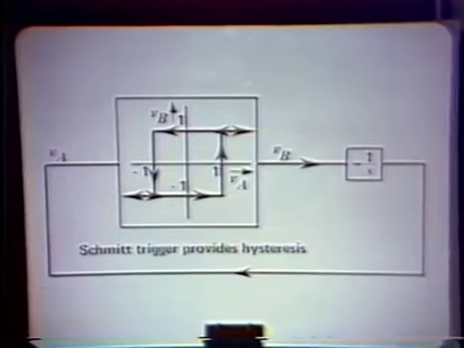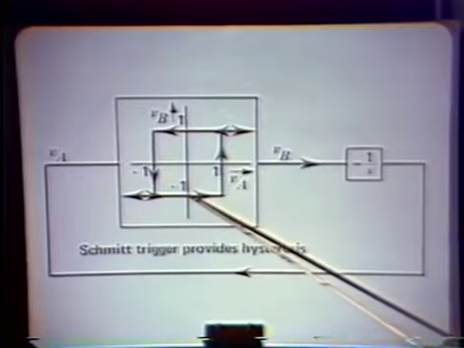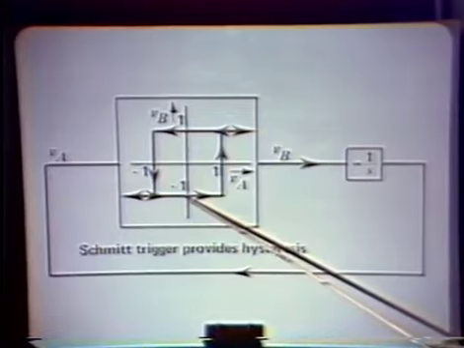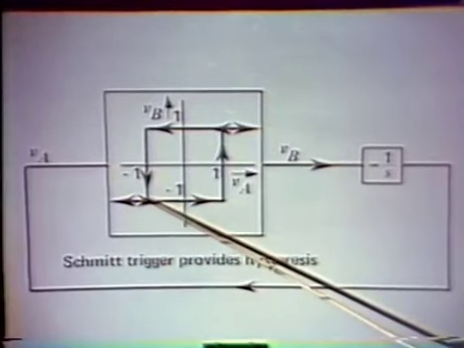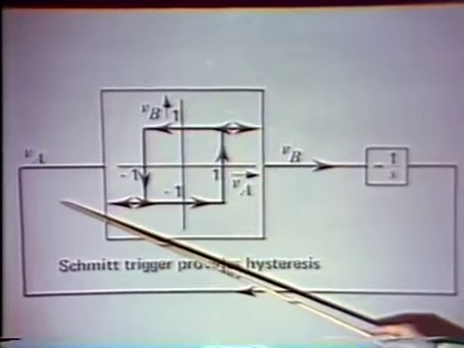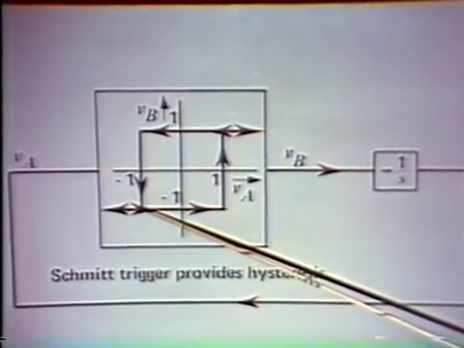The Schmidt trigger has rather interesting nonlinear characteristics, and of course the way it works is, suppose we started, for example, at this point. If we made the signal VA, the input to the Schmidt trigger, negative, we could continue going negative as far as we wish to. The output of the Schmidt trigger would remain -1.